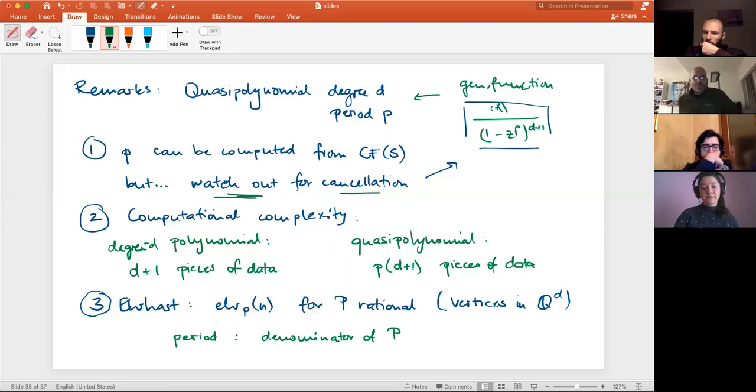What I'm going to do tomorrow is show you one application where all of these things come together. It's a situation where I guarantee from the get-go that I have rational polytopes, but I don't necessarily know all the pieces. So I can guarantee there's a quasi-polynomial somewhere, but the magic is to compute enough of it so that you know its period.